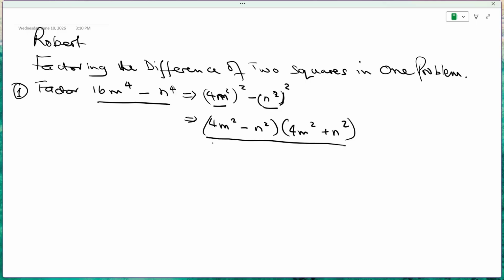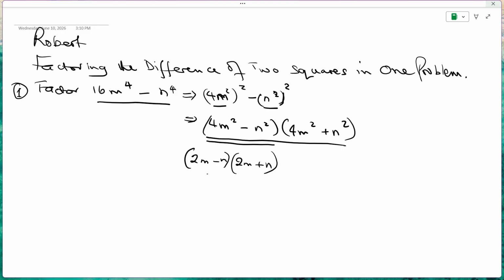However, you still realize that 4m squared minus n squared is a difference of squares. So we can again break this one down. We can factor it into two parentheses, 2m minus n into 2m plus n.